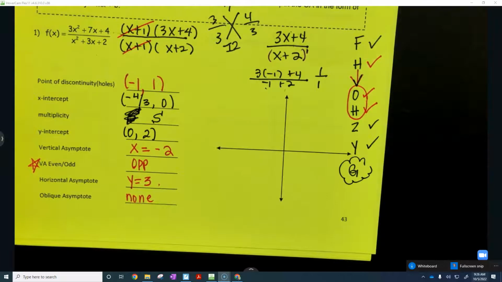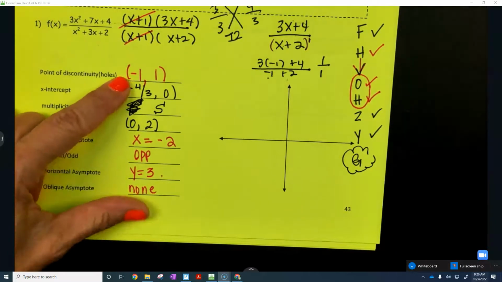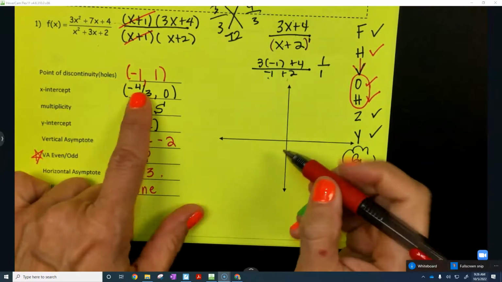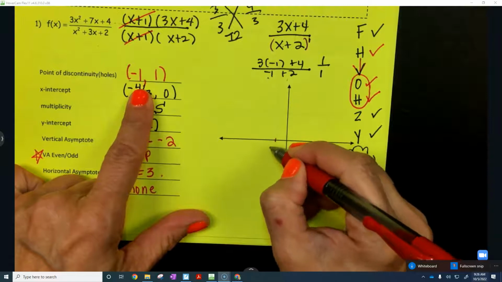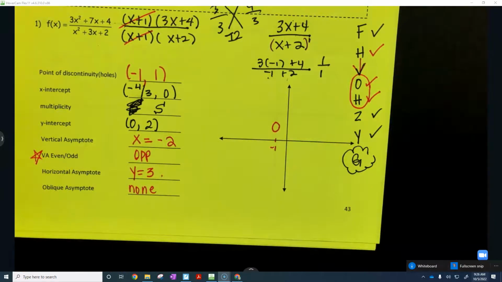All right, so what we're going to do is we're just going to plot our hole. Remember, I'm going to use red for holes and asymptotes. -1 appears to be right here, +1. So put a big, giant open hole on -1, +1. And remember, these are sketches, so they're not exact, but I'm going to spread out my numbers and use the space that I'm given.